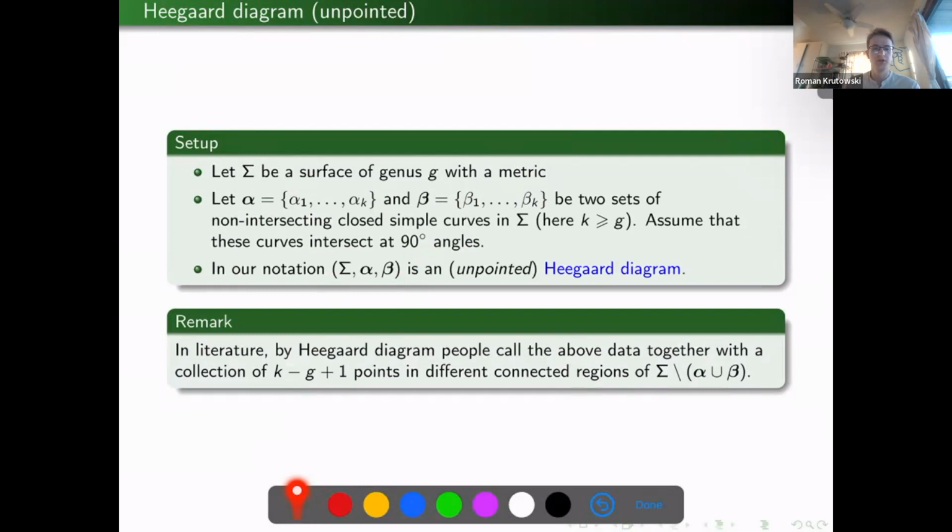It's usually called a pointed Heegaard diagram because for the calculations of actual Heegaard Floer homology, people usually add some points in the regions of the complement, but for Maslov index computations, it's not really necessary. So this part of the data won't be in this talk.